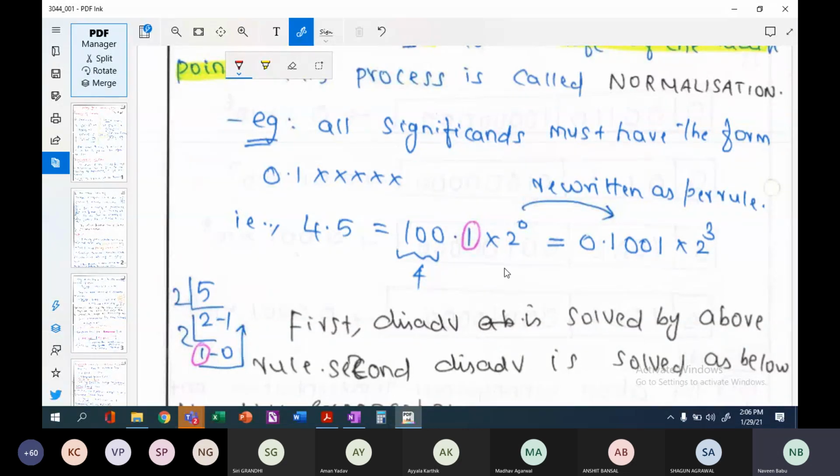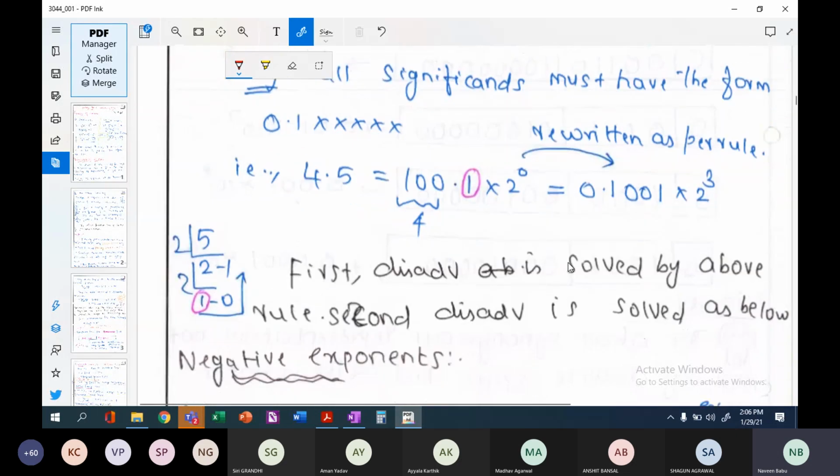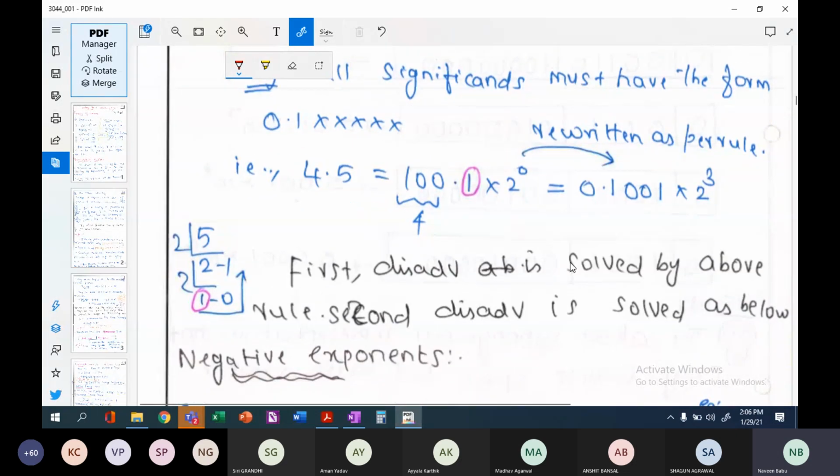Okay. So by this method, the first disadvantage of wastage of space was minimized. And the second disadvantage, the representation of negative numbers, was also to be minimized, but in this particular case, it was not minimized. So how do you solve the negative exponent numbers here?